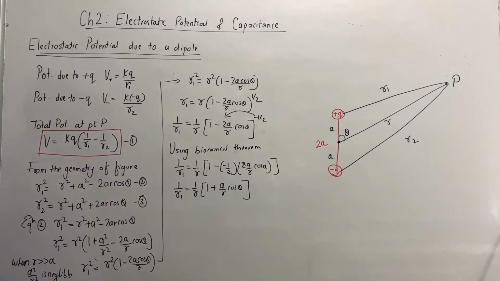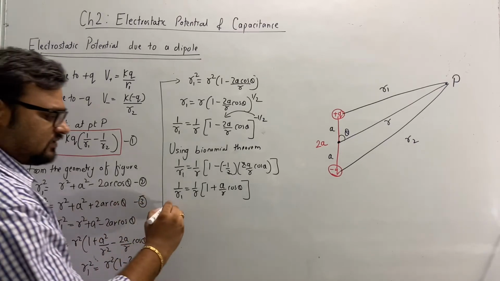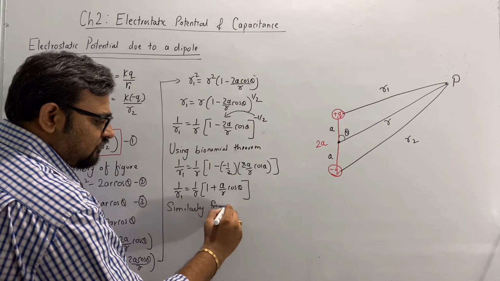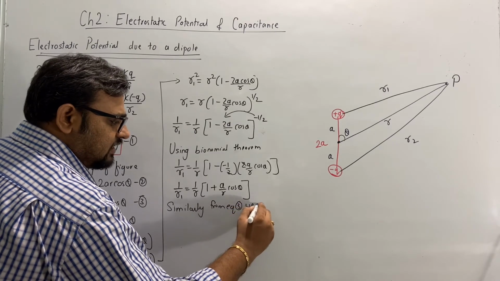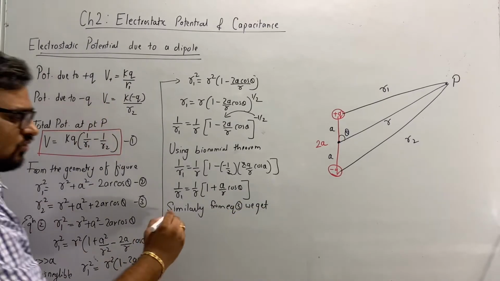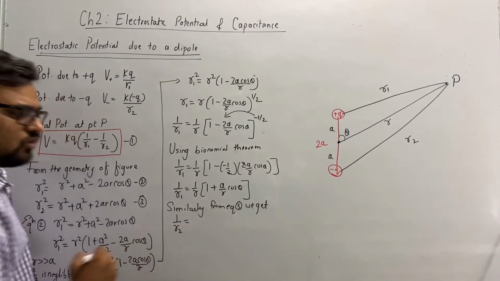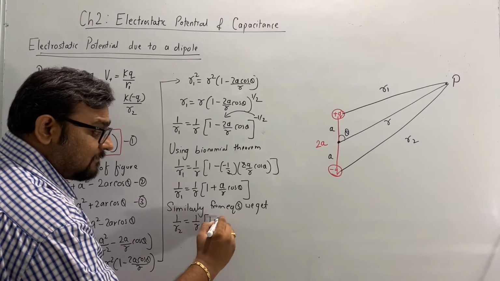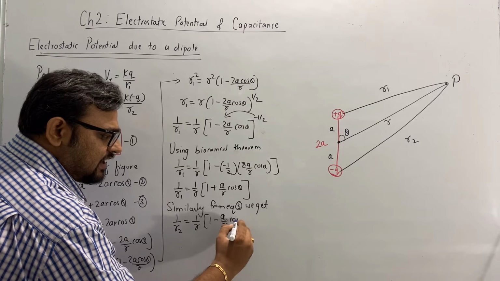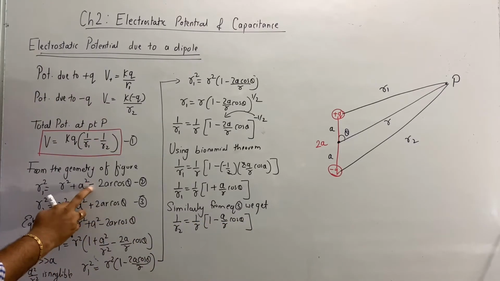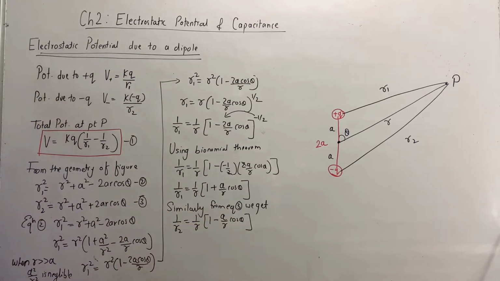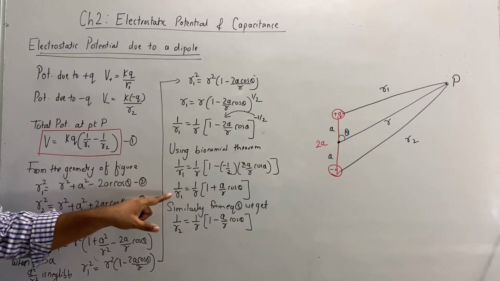Now, similarly, if I take this equation, from equation 3 we get 1 by r2. This will be equal to 1 by r into 1 minus a by r cos theta. Here it was minus, I got plus. Here it is plus, I will get minus. So now I got the value of 1 by r1 and 1 by r2.